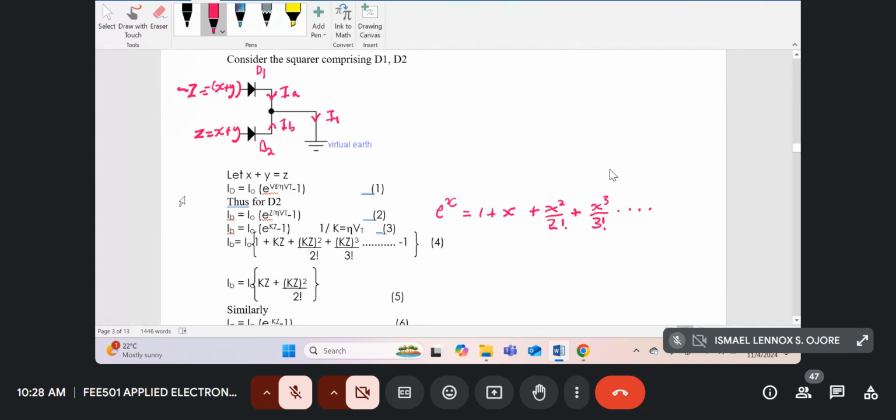Now we know that for a general diode, I_D is I naught e to the V forward of the diode over eta Vt, minus 1. So we'll start with the easy one, which is D2. We want to find out what is this I_B for D2, this current over here.